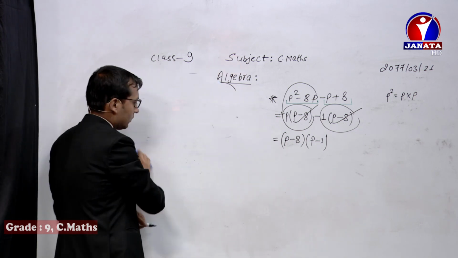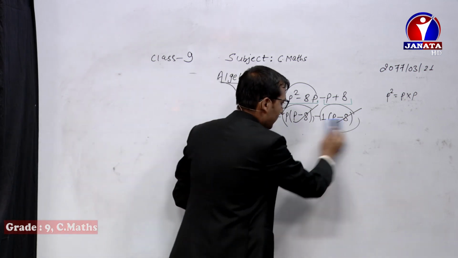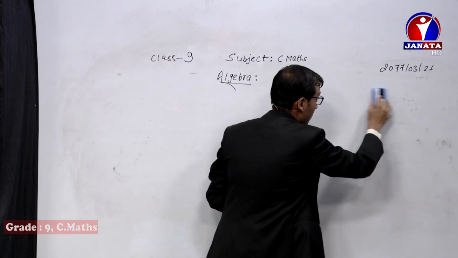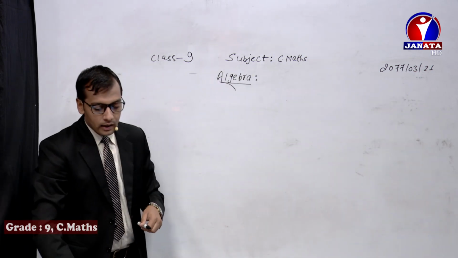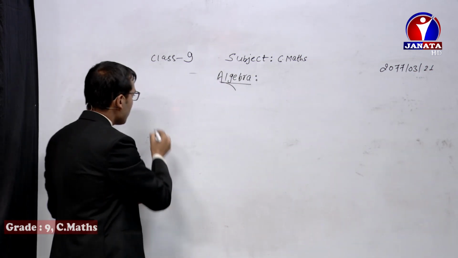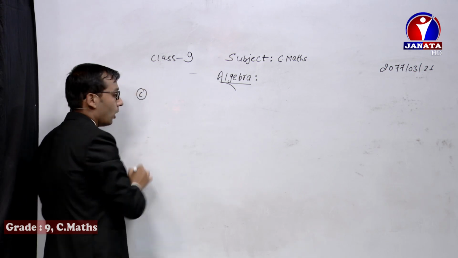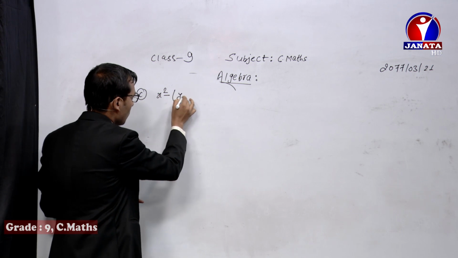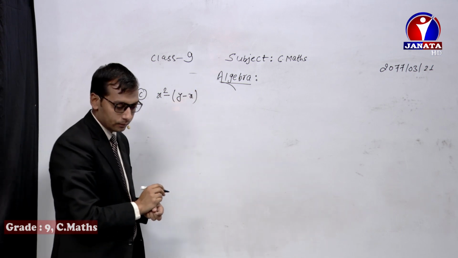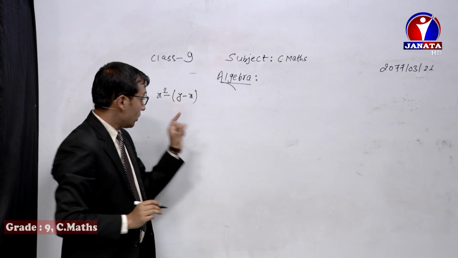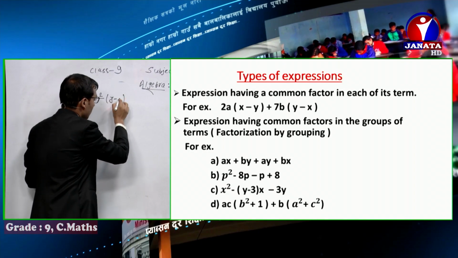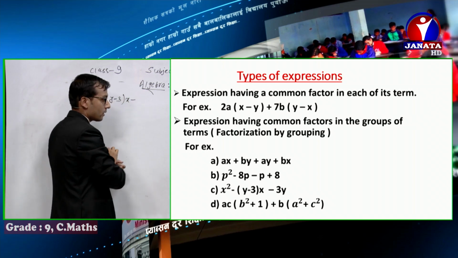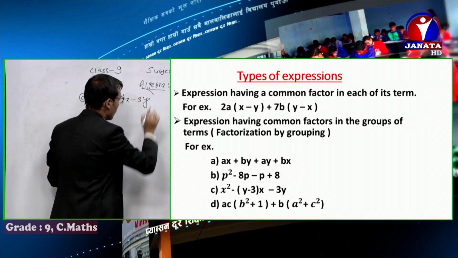Let's practice the third example. This third example also contains 4 terms. We can see in the slide, I am writing the question here. Example number 3: x square minus y minus x times, let's write, y minus 3 times x minus 3 times y.